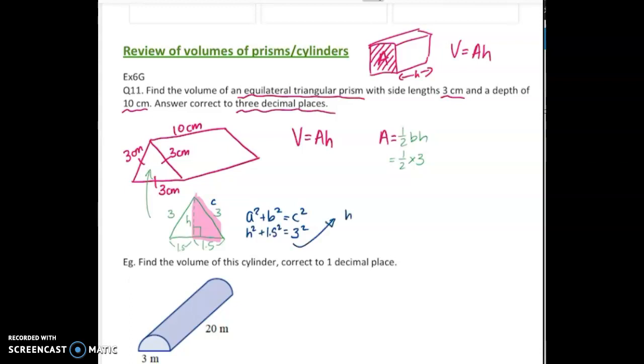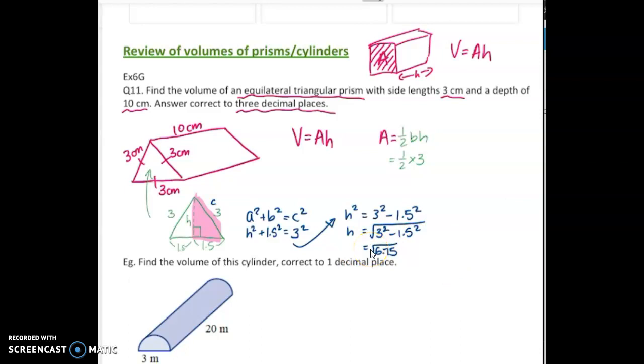So h squared equals 3 squared minus 1.5 squared. h is the square root of all of that, which gives us the square root of 6.75. Now this is an irrational number, so it's going to give us a very long decimal number. So we want to just keep that number form in our working out.